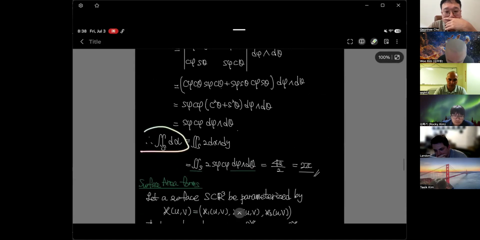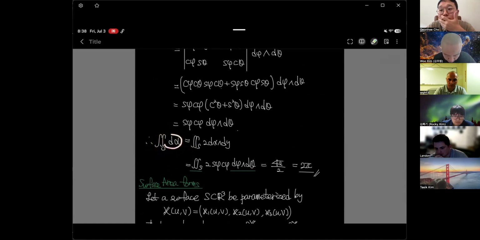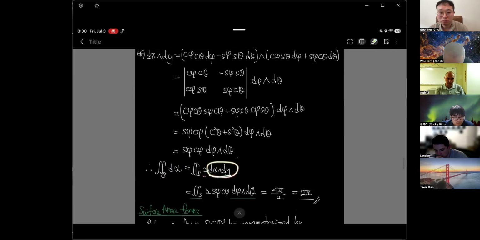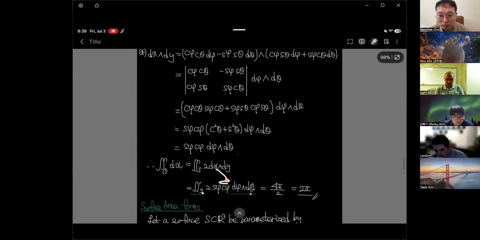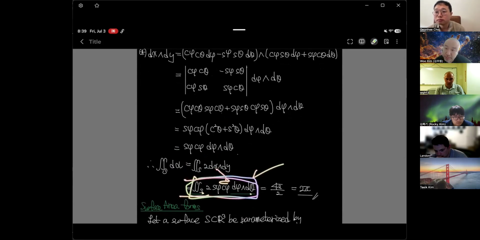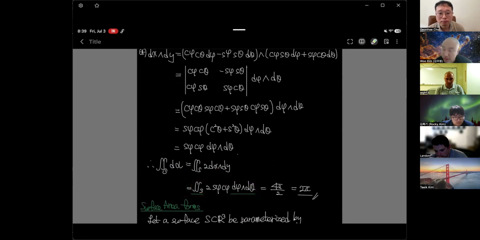So what was the Stokes theorem? We have this d alpha, and 2 times dx wedge dy. And this part, we had this result, substitute this way. And then at this step, how can I compute this?